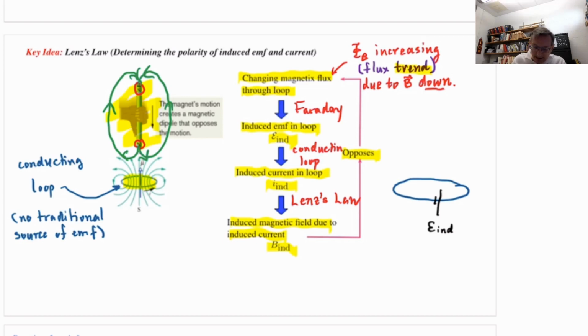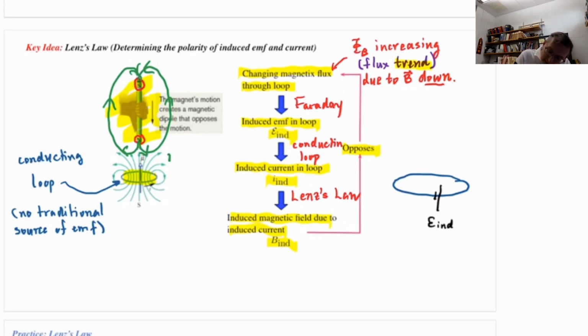So now let's look back at the picture on the left. I need to have a B induced, and that's what these magnetic field lines that are drawn represent, that is basically upward. Because I had a downward B from the magnet that produced an increasing magnetic flux.